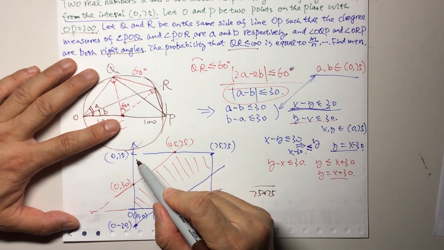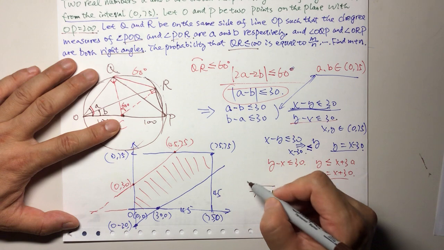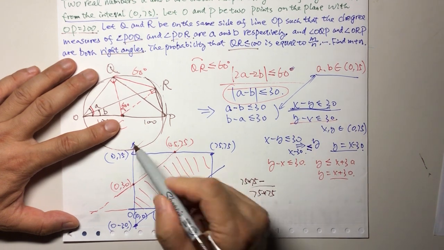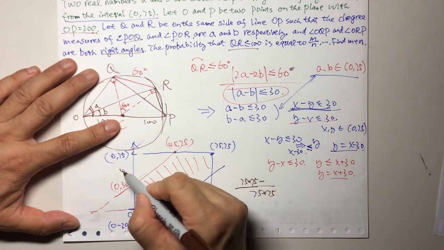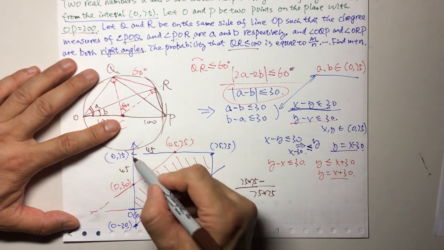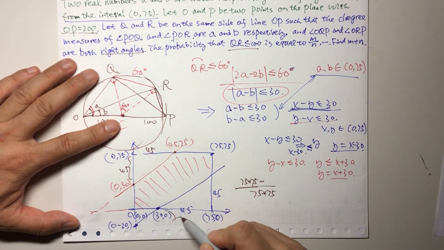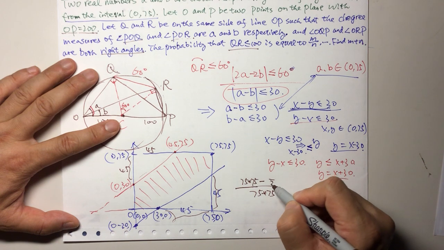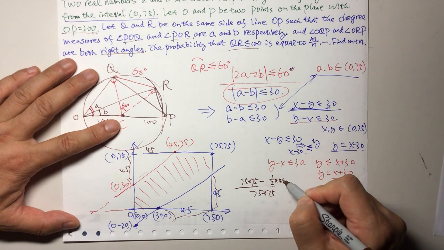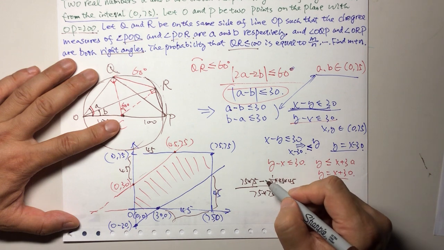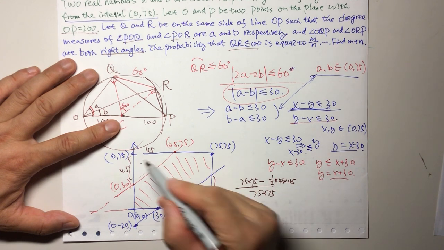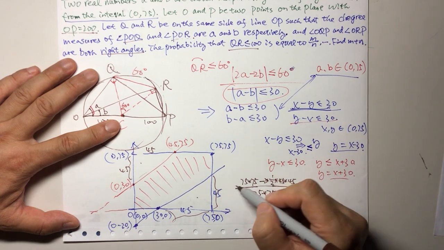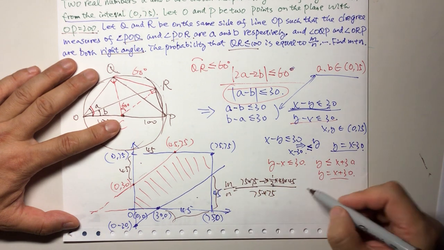Now we just need to take the total 75 times 75 minus 2 of these triangles, right? The length for this is 45, and the length for this is also 45. So 1/2 times 45 times 45, and we have 2 of them, the first one and the second one. That's the probability, m over n equals this.